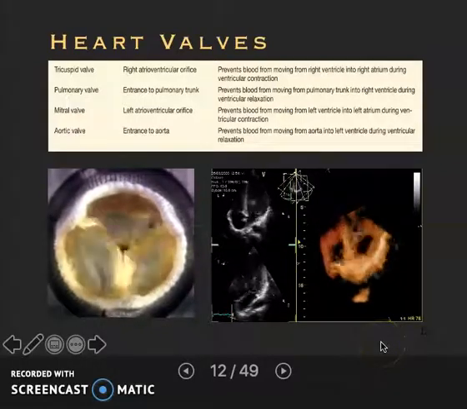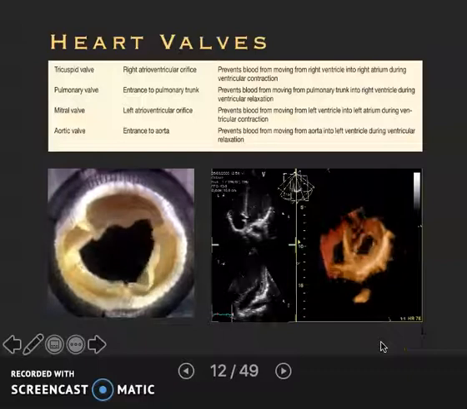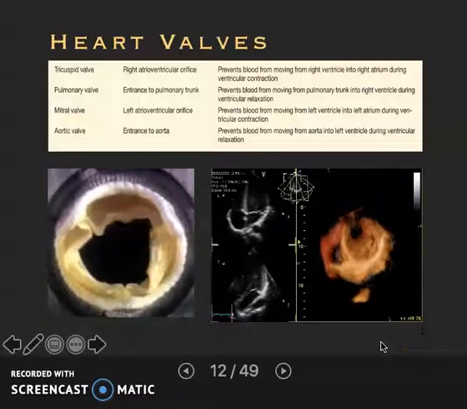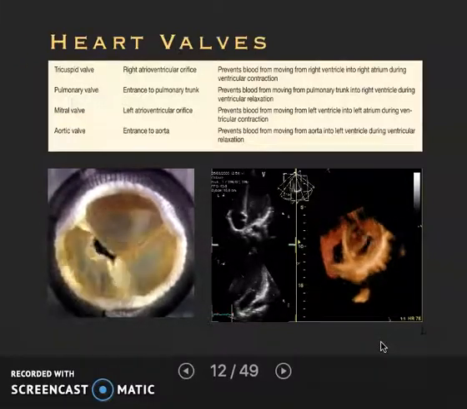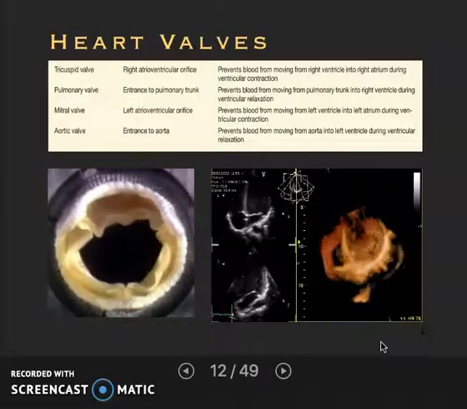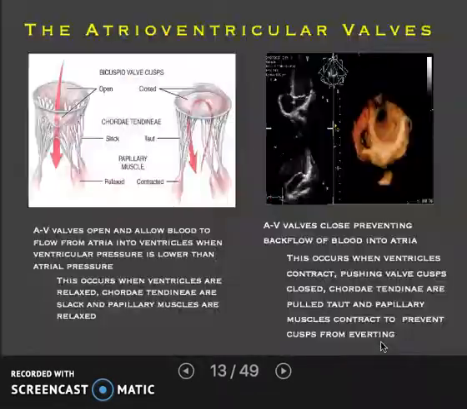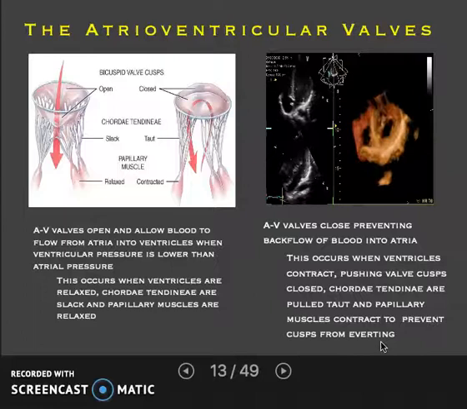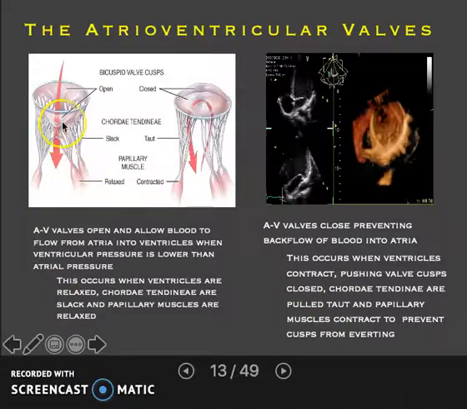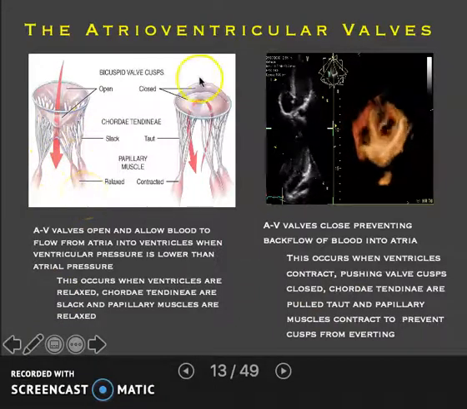Remember, the aortic and the pulmonary valves are these semilunar valves, and they're taking blood out into the pulmonary artery and aorta. So it seems counterintuitive, right? If I pull these muscles down, you would think it would open the valves, but actually it's the opposite.